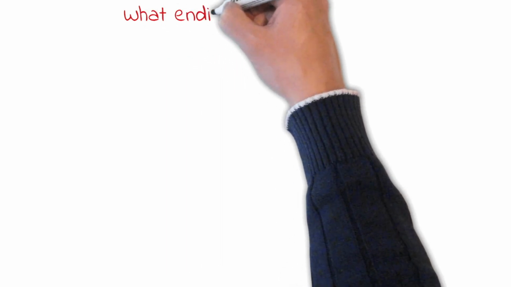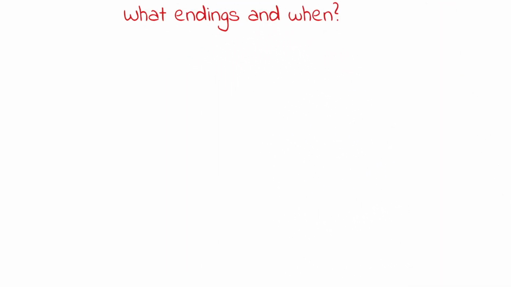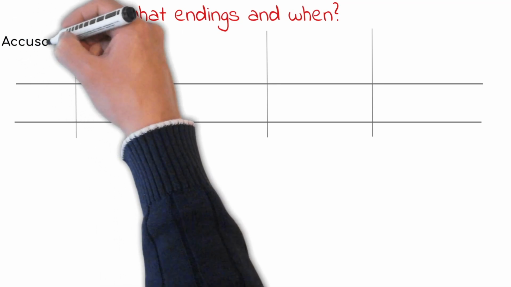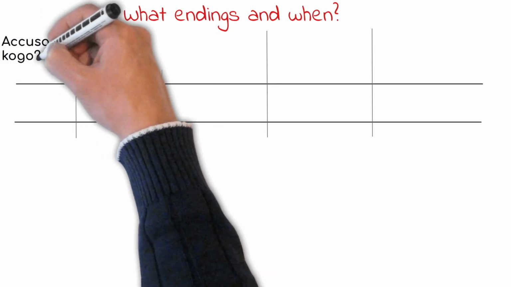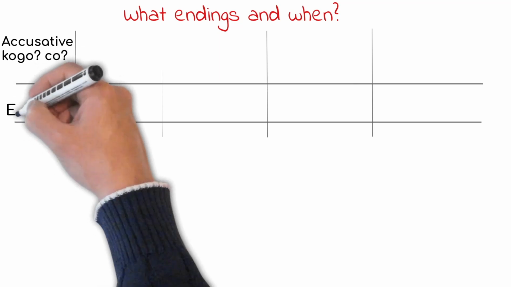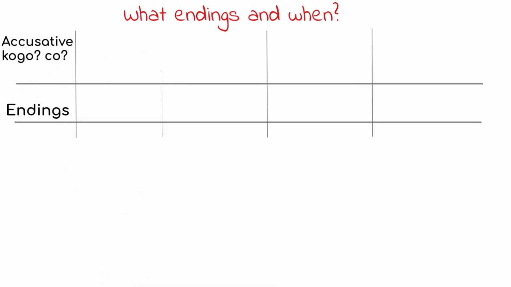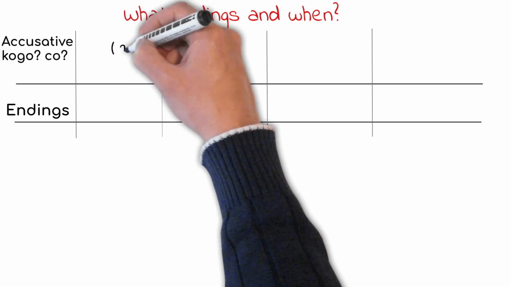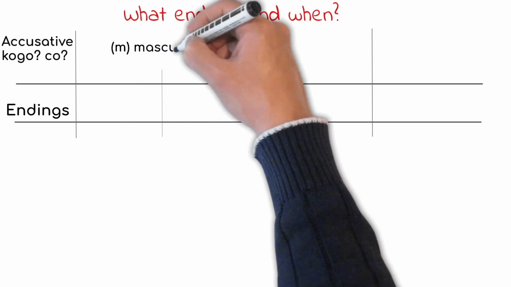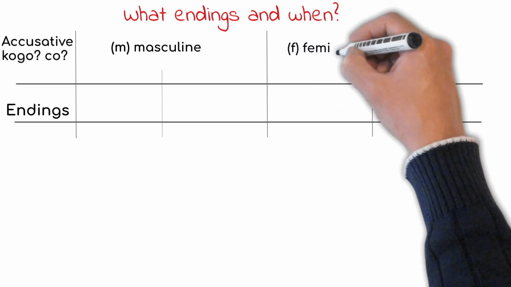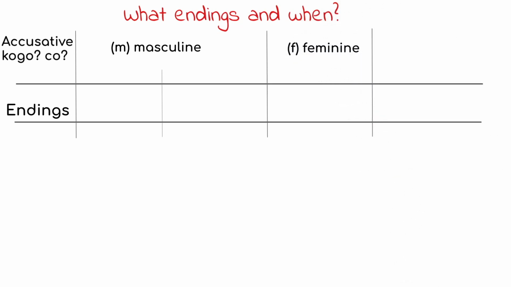So what endings and when should be applied? Let's draw a quick table. As you already know, the nouns are separated into masculine, feminine, and neuter gender.